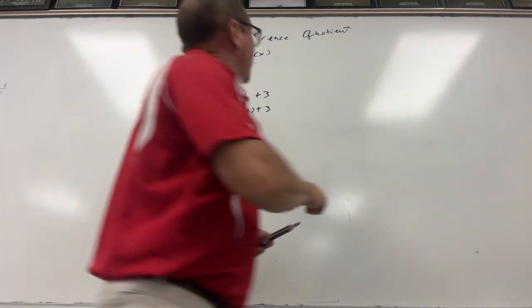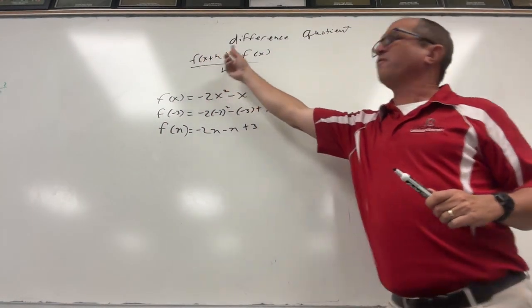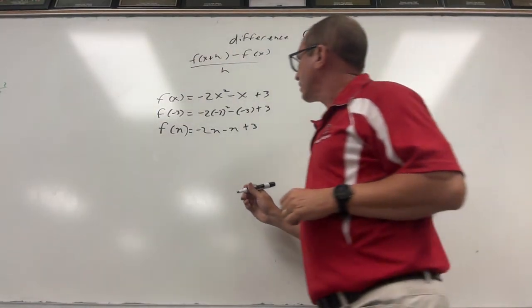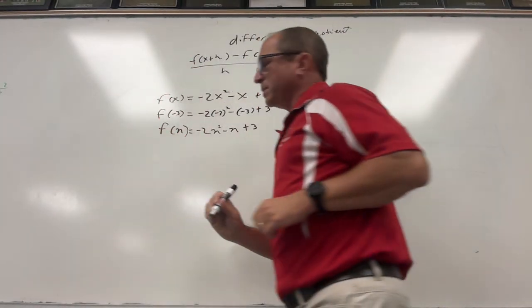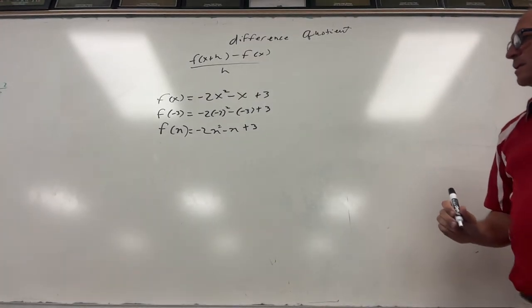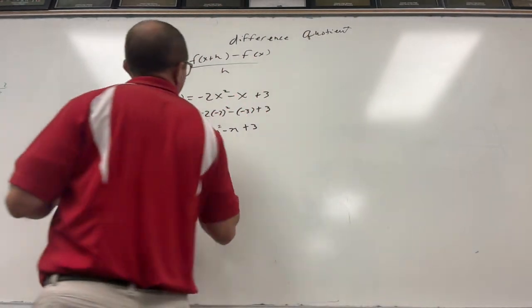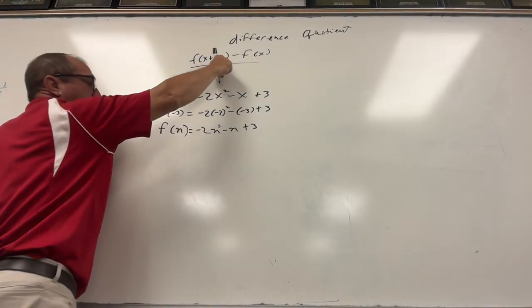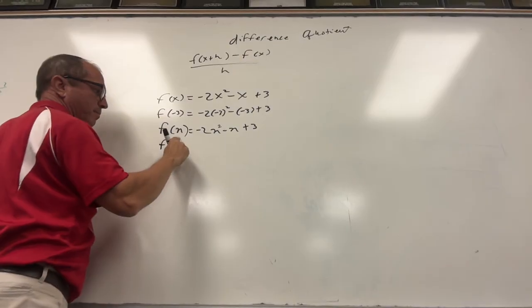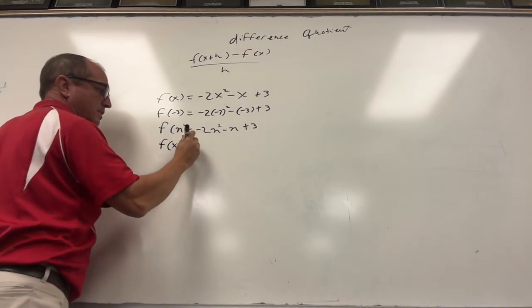This formula up here has f of x plus h. Yes? Is that supposed to be squared? Thank you. It is supposed to be squared. That is very important. All right. So this formula has in it an f of x plus h. So I need to know what is f of x plus h.